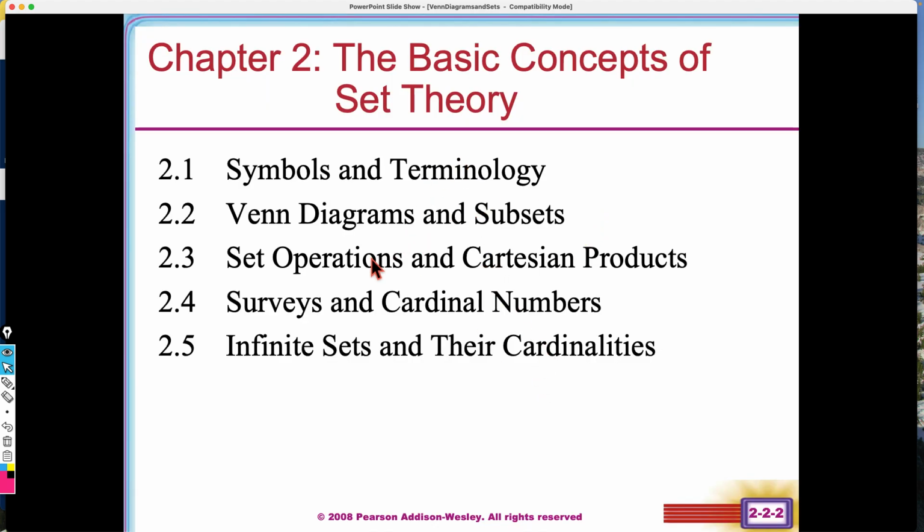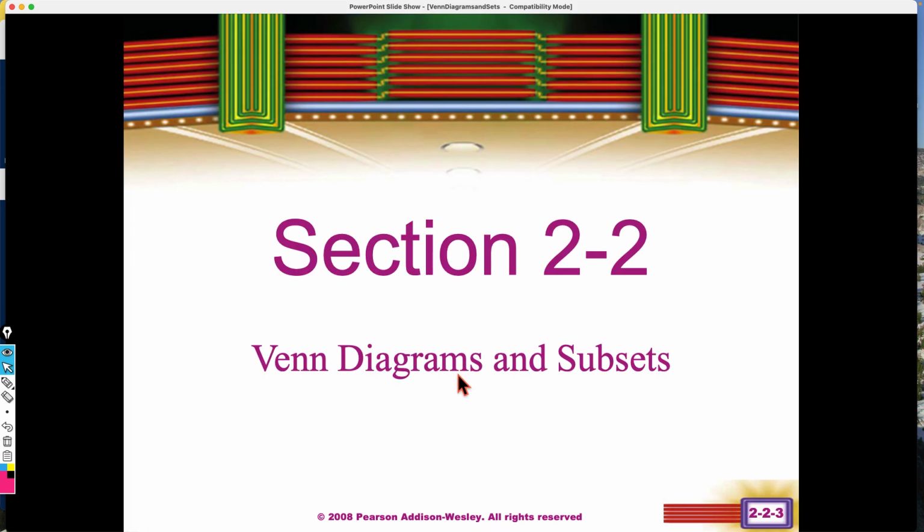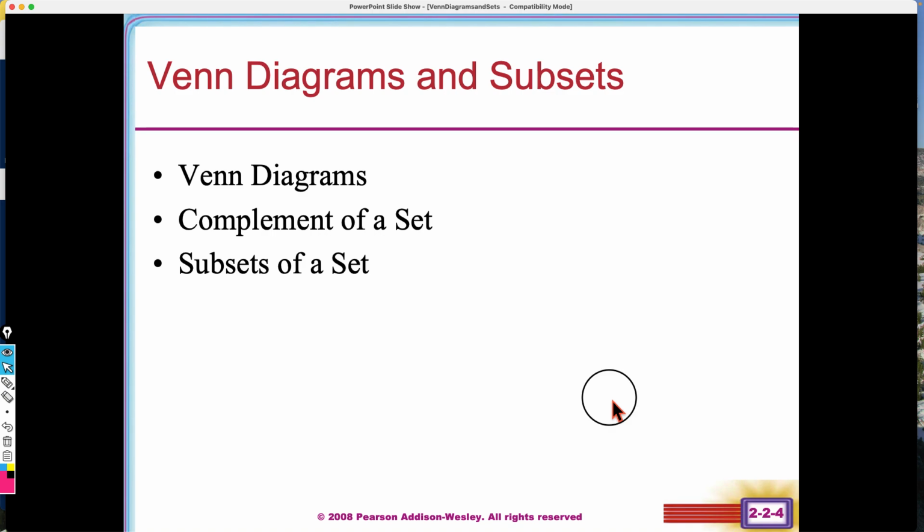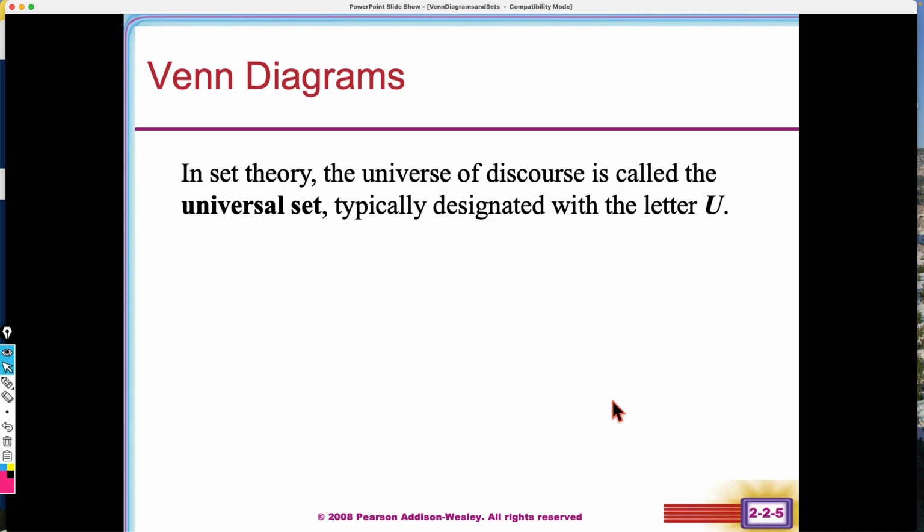I'll skip over a lot of these. I used to do this in more depth, but this is from a previous book. We're just going to really look at Venn diagrams and sets and what sets are.